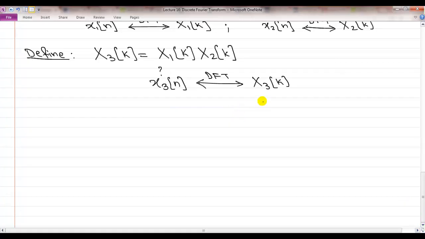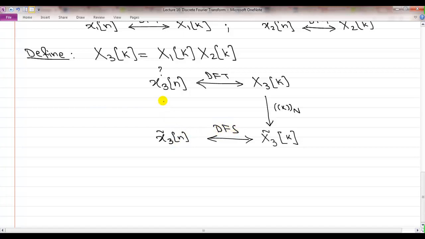Okay. Once again, to answer that, we should really translate x3 of k to the discrete Fourier series world, where we build discrete Fourier series coefficients corresponding to periodic repetition of that. We get x3 tilde of k. And these x3 tilde of k's will have some periodic sequence associated with them, which will be x3 tilde of n.